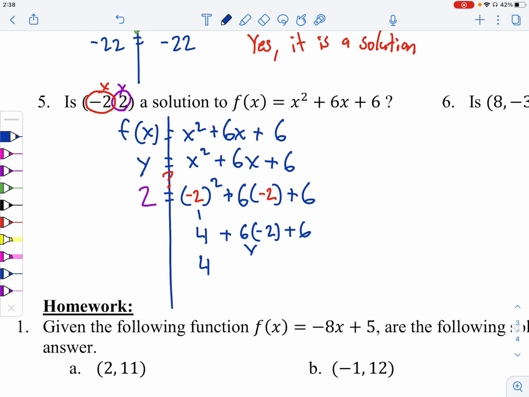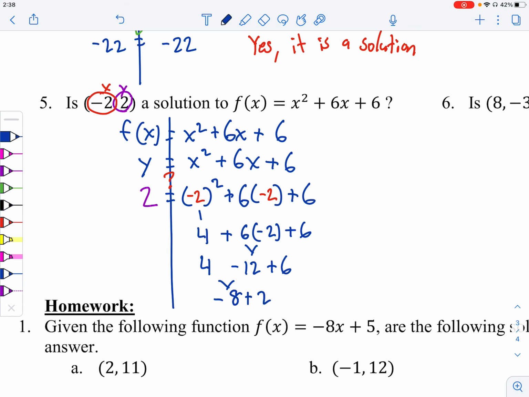So we got 4, 6 times negative 2 is negative 12, plus 6. 4 minus 12 is negative 8, plus 6, which is negative 2.